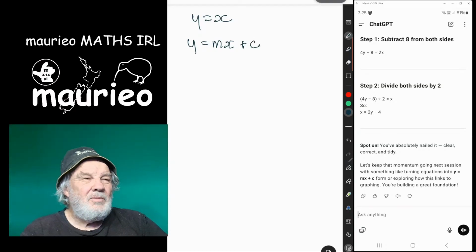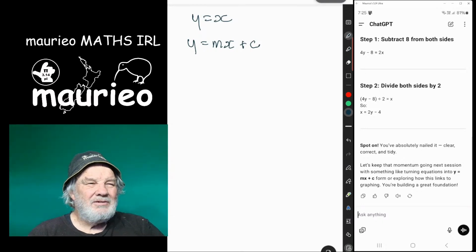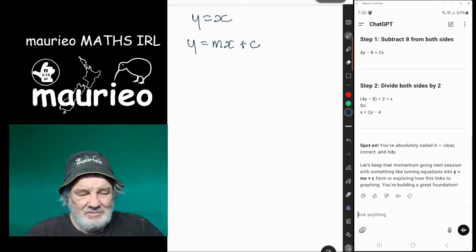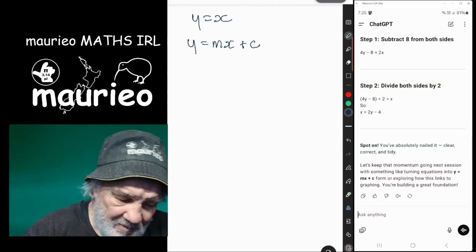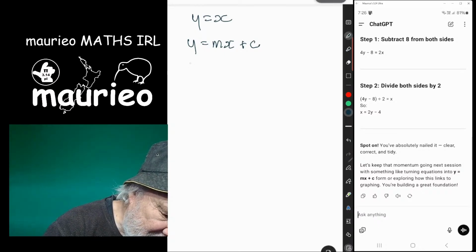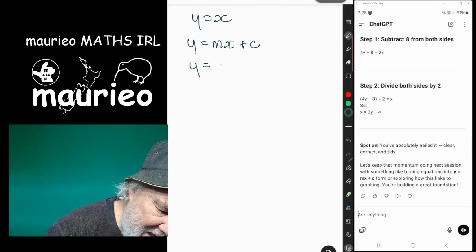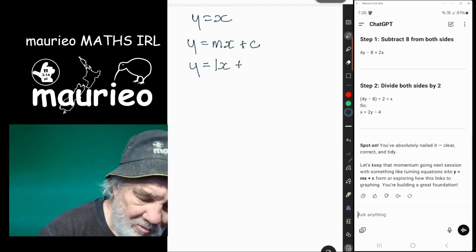Is it in that format? What do you think? Yes or no? Yes, it is. I can say that y is y, x, m in this case is 1. And the y-intercept, or the constant term, is 0.